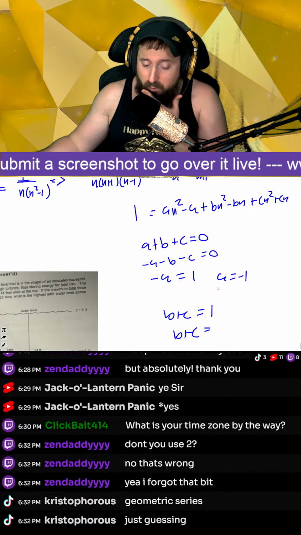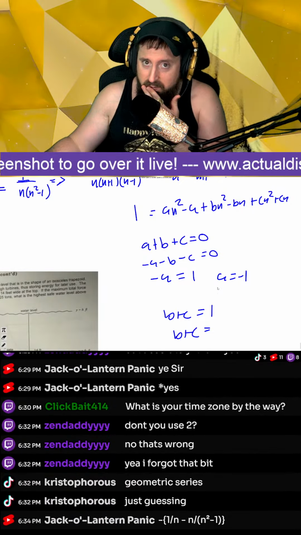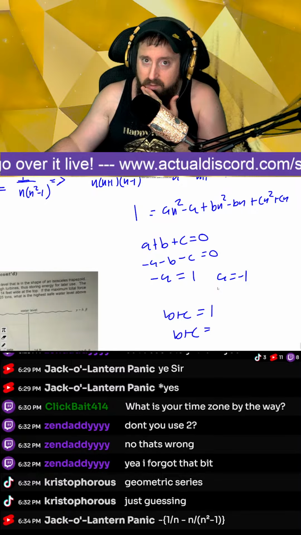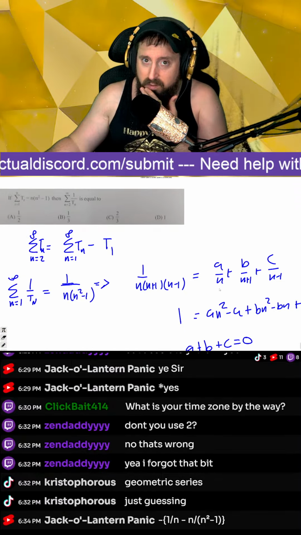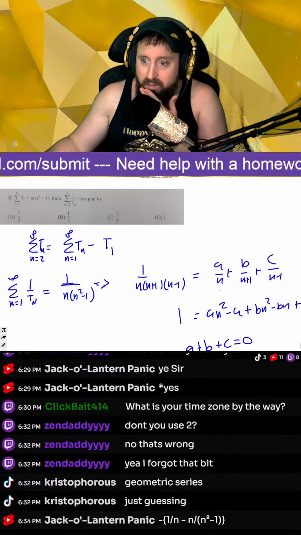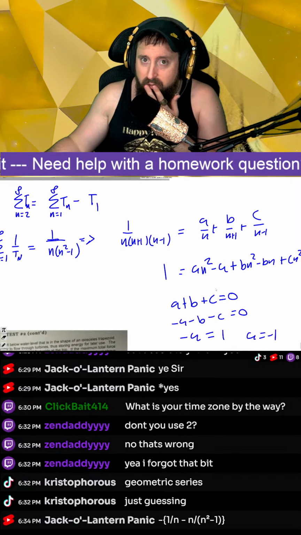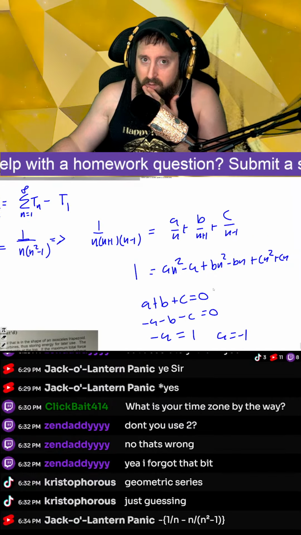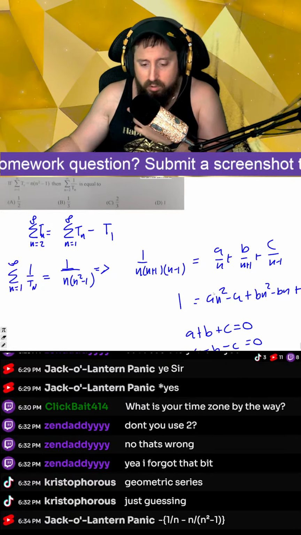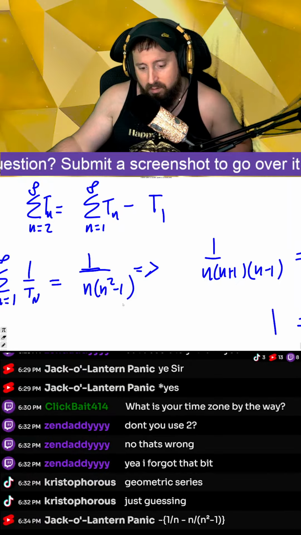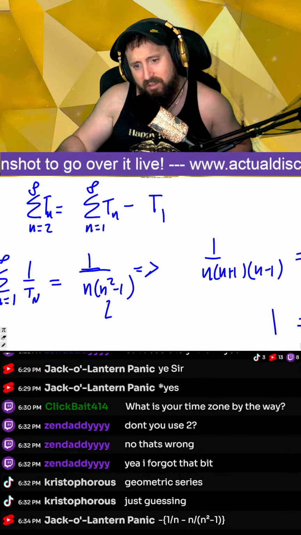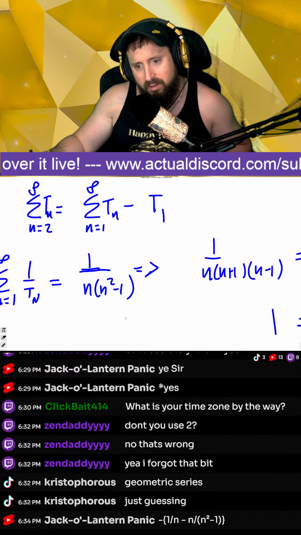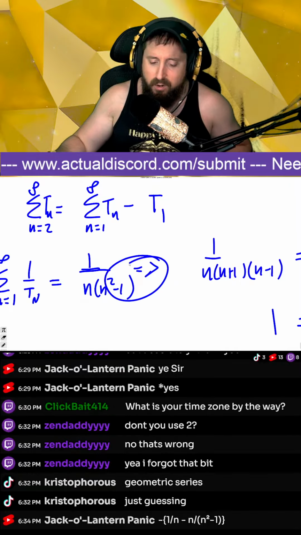Can we just set b and c to be whatever then? Right. Oh, you're so right. Wait. This is a factor on its own. Isn't this a quadratic, though? No, this is a quadratic. Oh, sorry.